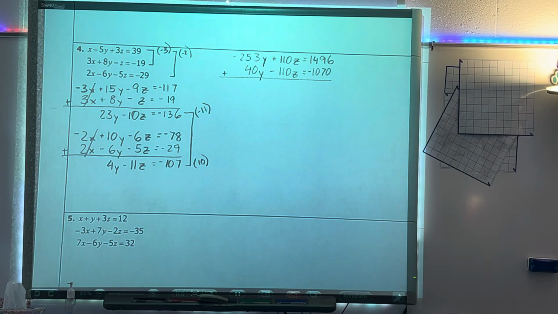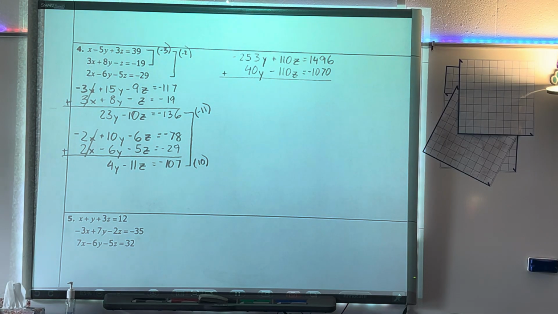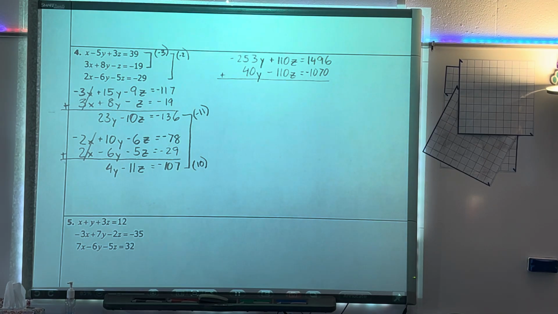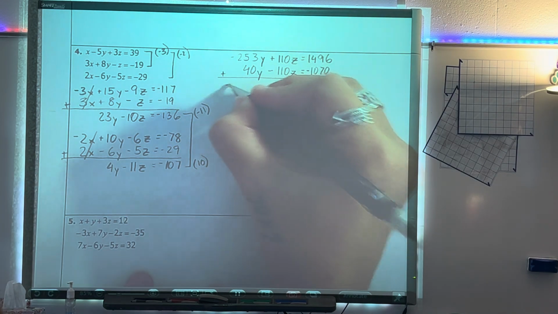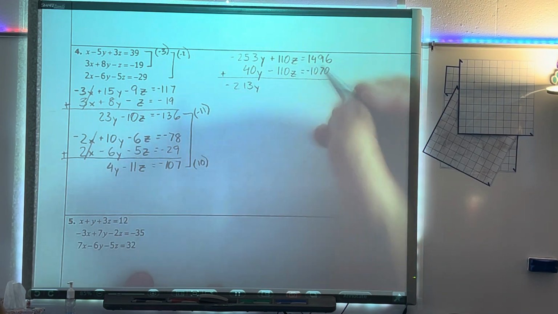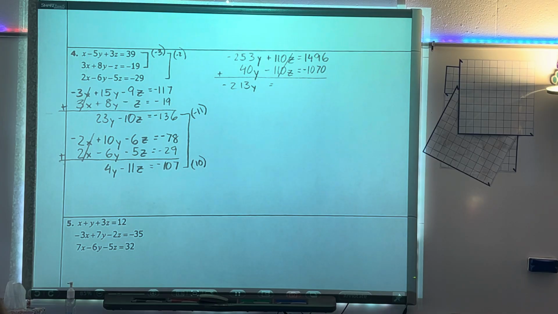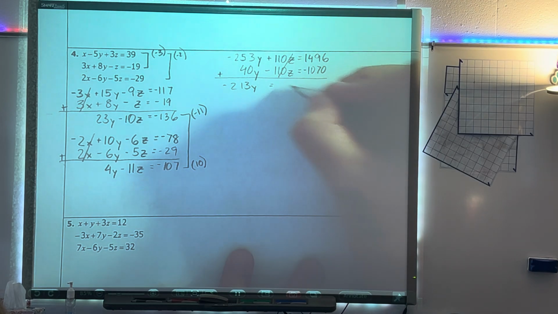Okay, so that's gonna give me negative 213Y, that's gonna cancel. 1496 minus 1070, 426, positive 426.